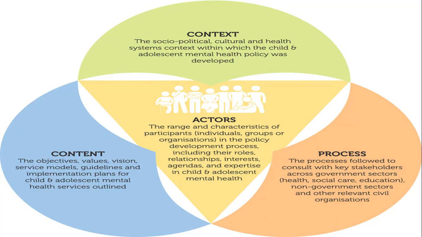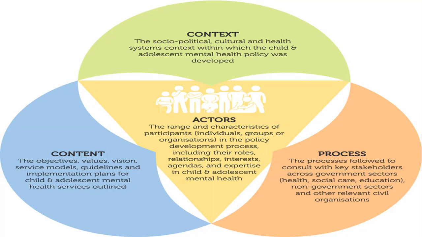Context: the socio-political, cultural and health system context within which the child and adolescent mental health policy was developed. Content: the objectives, values, vision, service model, guidelines and implementation plans for child and adolescent mental health services outlined.